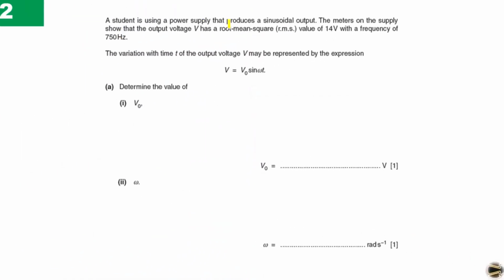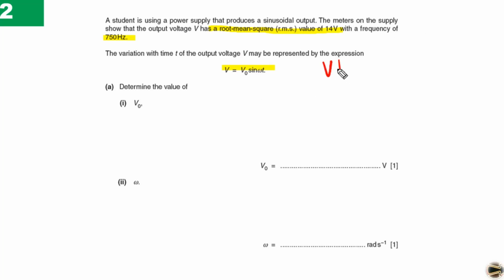First of all, let's try to understand what is given to us. For part A, it is given that the RMS value is equal to 14 volts and the frequency is equal to 750 hertz. And this equation is given to us. With the help of this equation, we can find the value of V at any given time.